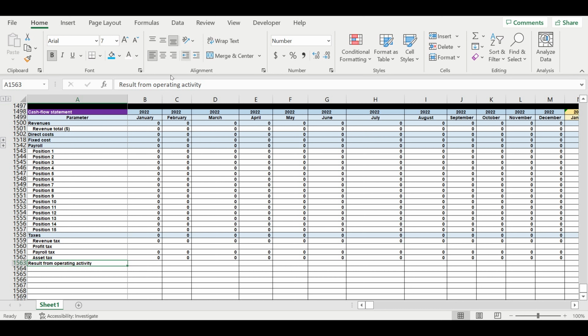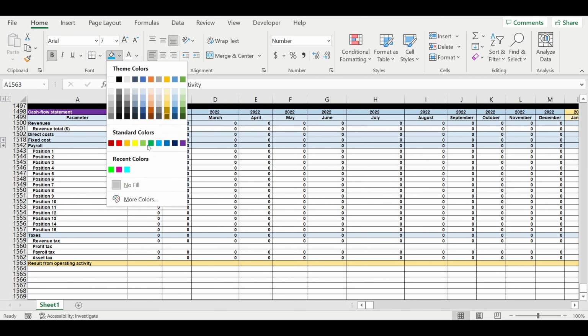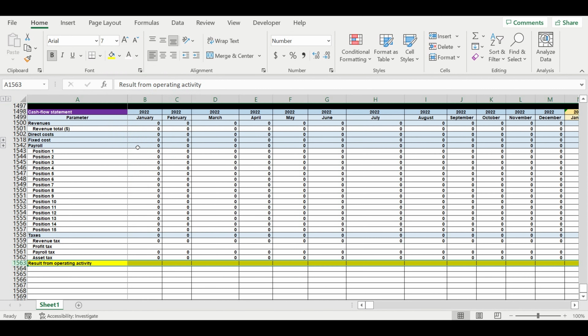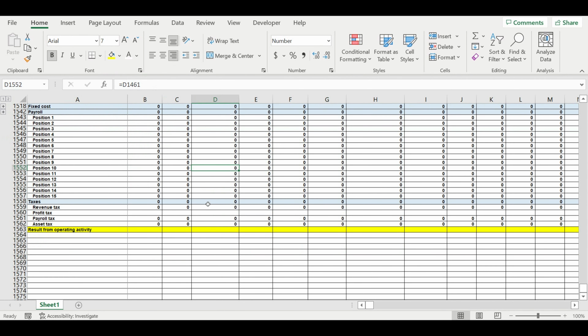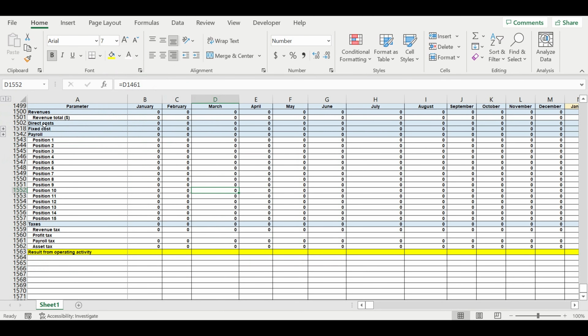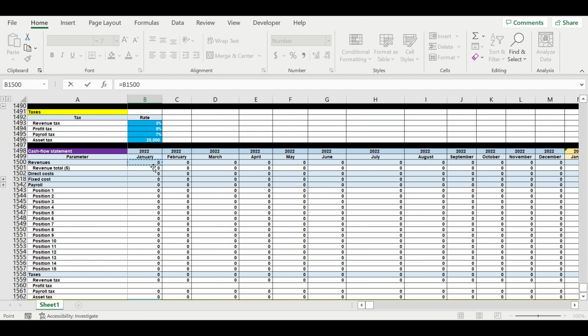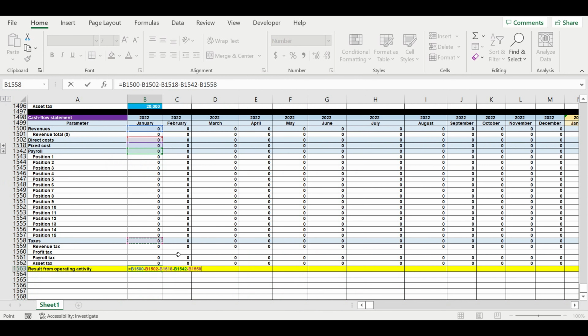This line shows us how our business performs, the clear picture of the business itself, without loans, without investment: just revenues minus direct costs, fixed costs, payroll, taxes. So this is only the business itself. I'm just taking this minus this minus this minus this. So this is the first line that you have to pay attention to.